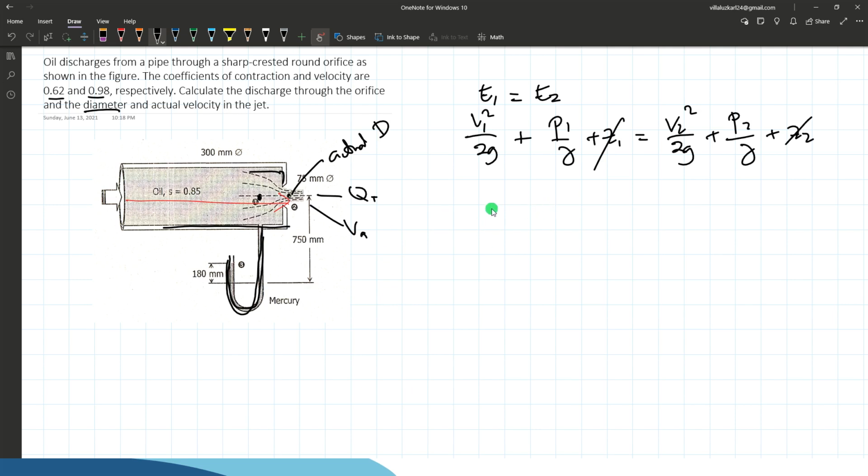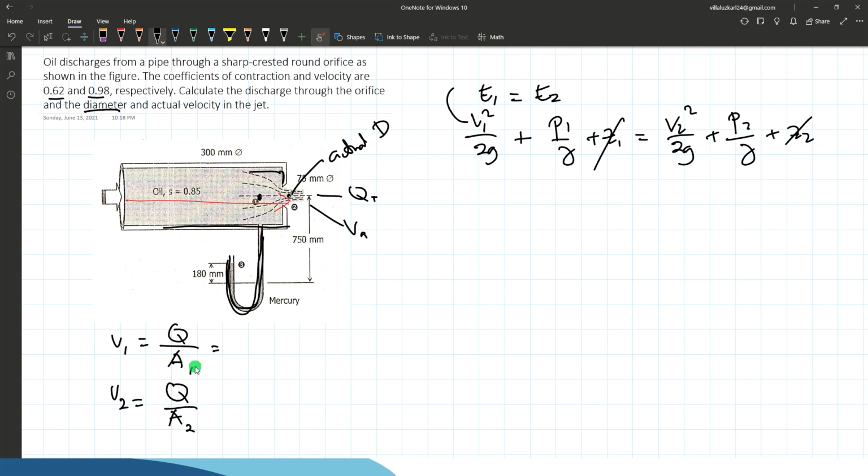Again, same solution as the previous example. We need to express this velocity in terms of Q. So V1 is Q over A1, as well as V2, Q over A2.